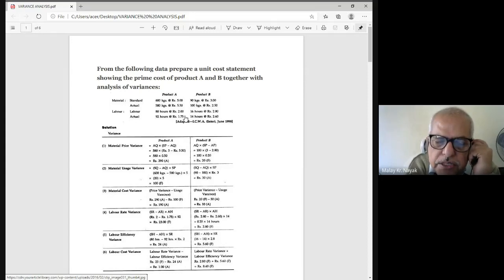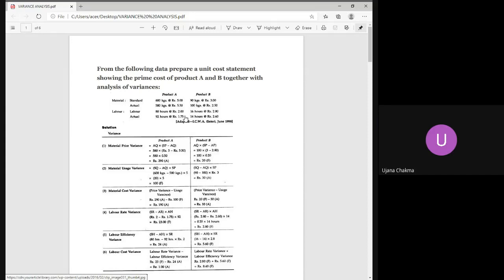Then you write labor efficiency variance. Labor efficiency variance equals, Ujana, say what I told yesterday. SR into AH minus SH.